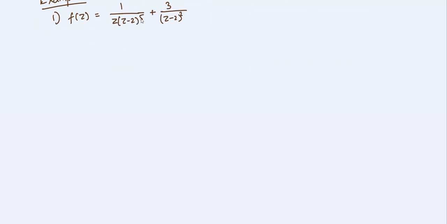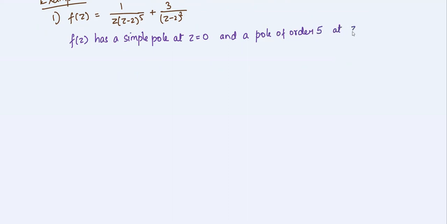So the highest power will be z minus 2 whole power 5. So here directly we can say f of z has a simple pole at z equal to 0 and a fifth order pole, or a pole of order 5, at z equal to 2.